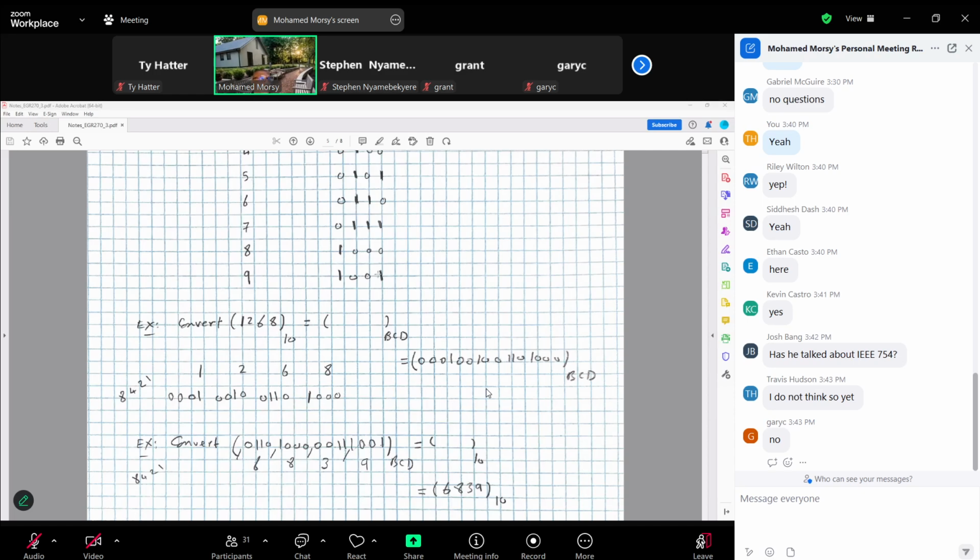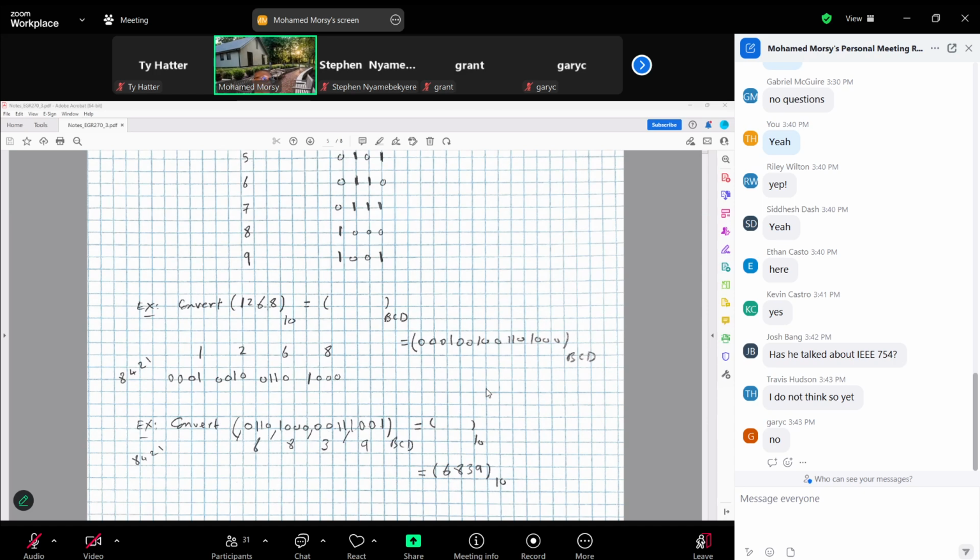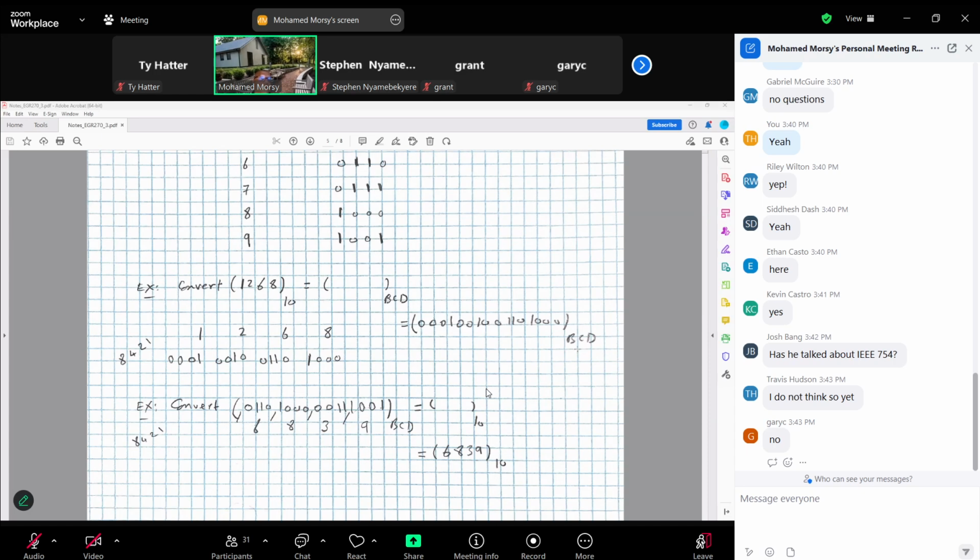Of course, you can just use the weights 1, 2, 4, 8. So for 8 you need the last weight, so 0001. 6 is 4 plus 2, so 0110. 2 is just 0100. 1 is just 1000. Then put all these binary numbers in sequence, in order, and you get the corresponding BCD.